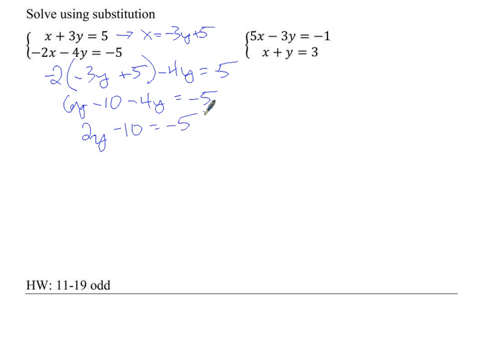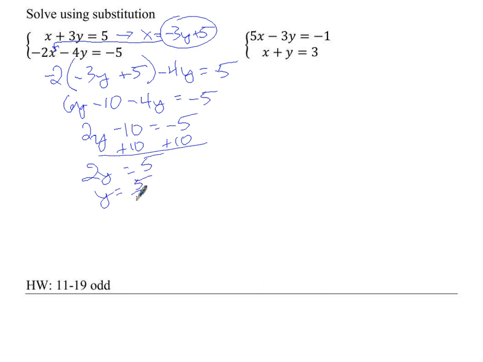Why is it a negative 5? We're rewriting this equation, substituting this in right here, or that right there. We finish off the equation with that negative 5. So now what? Okay, add 10 to both sides, and now I have 2y equals 5, so y equals 5 halves.